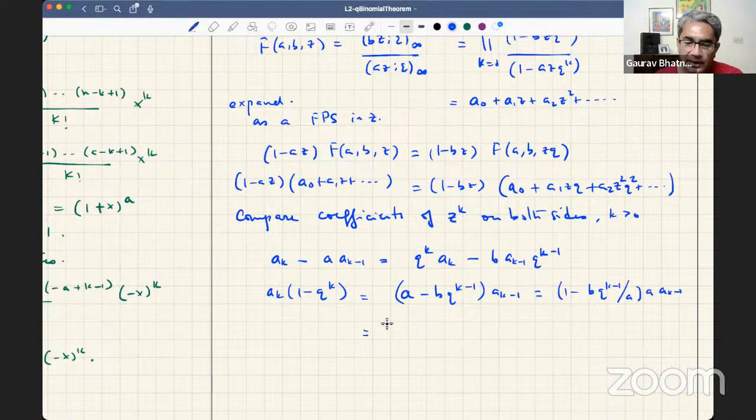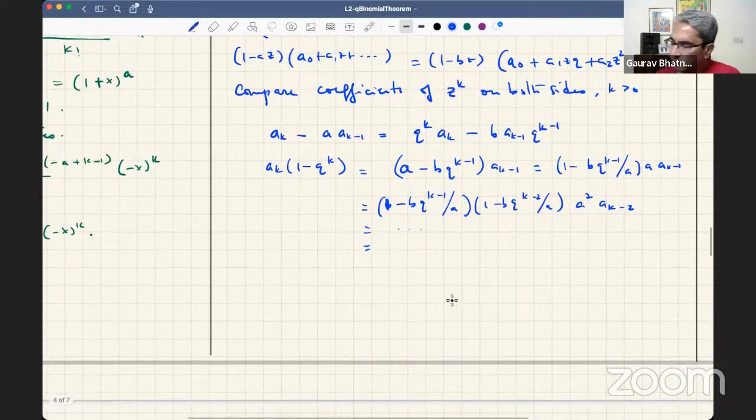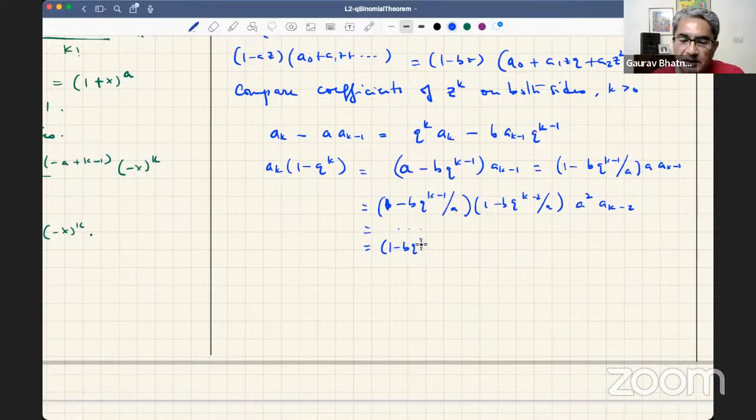So then you can iterate it. So 1 minus b q to the k minus 1 over a, 1 minus b q to the k minus 2 over a squared, a_(k minus 2), and so on, till you get to the last step. Keep reducing powers till you reach 1 minus b over a, and there will be k of them, and you have a0.